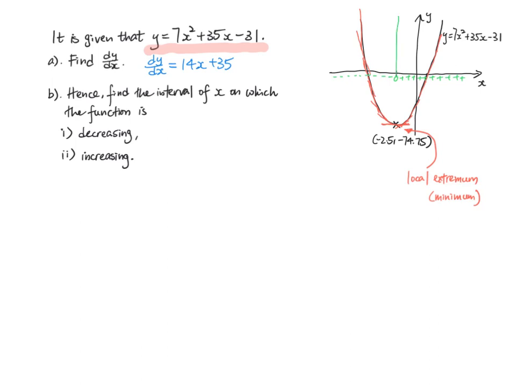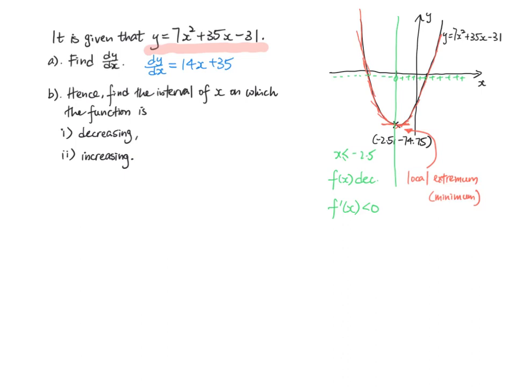So to the left of the local extremum, that is x less than or equal to negative 2.5, the function is decreasing, right? And f prime of x would be less than 0 because the slopes are negative, right?